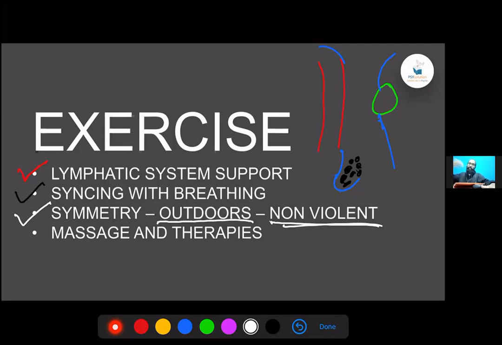If you have done it that way, then it is not innervating. But if you have done it obsessively, then it is innervating. Okay. Thank you. So exercise can be supplemented by massage and therapy. If the individual is not able to exercise, then massage and therapy can supplement the circulation.